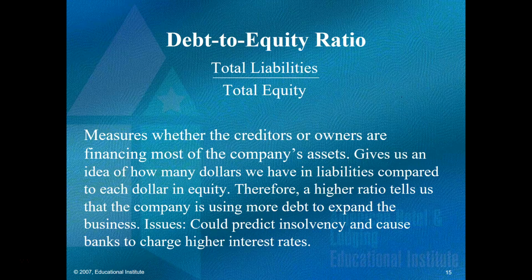All right. Now we're over here, completely on the right hand side of the balance sheet. And now we're taking total liabilities to total equity. So this one is assessing, for every dollar that we have in equity, how many dollars do we have in total liabilities. So it measures whether the creditors or the owners are financing most of the company's assets.